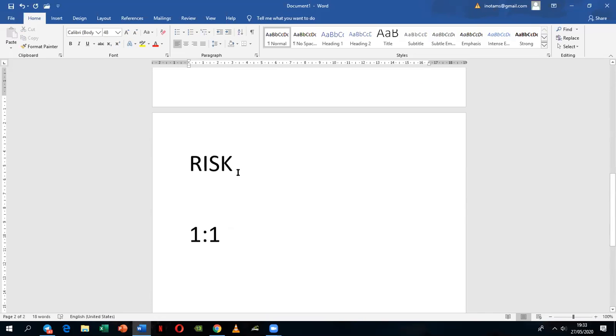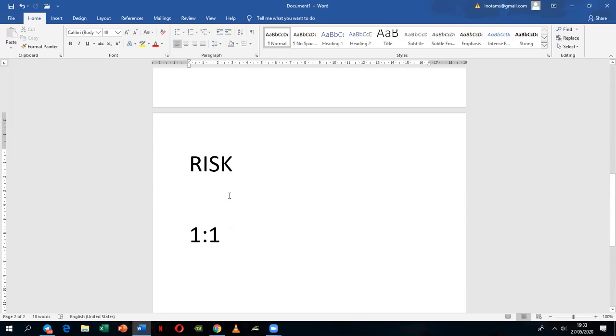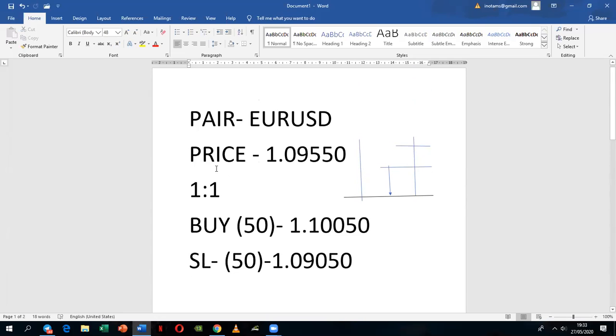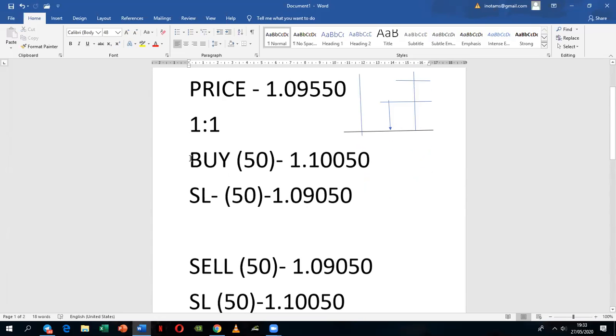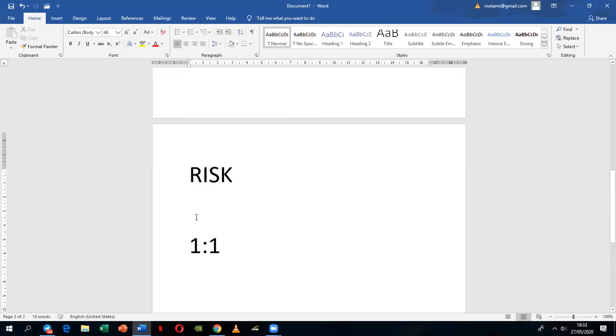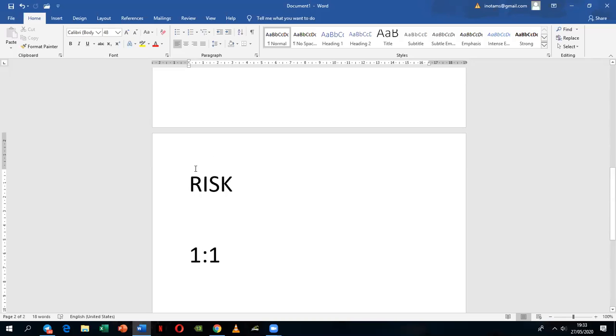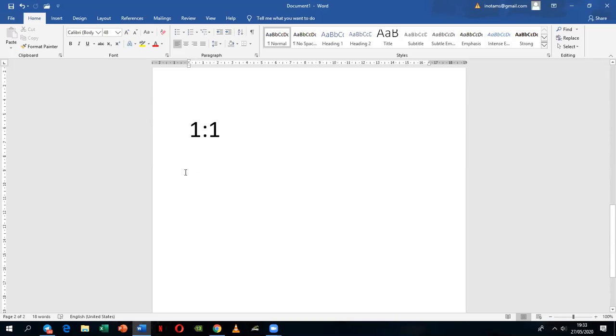With a one-to-one, just know that the first number represents your risk, the second number represents your reward. So in this case, let's say we place one buy order. This means we open a buy execution on the Euro USD only once. And then that means we're risking, sorry, let me conclude, one position.